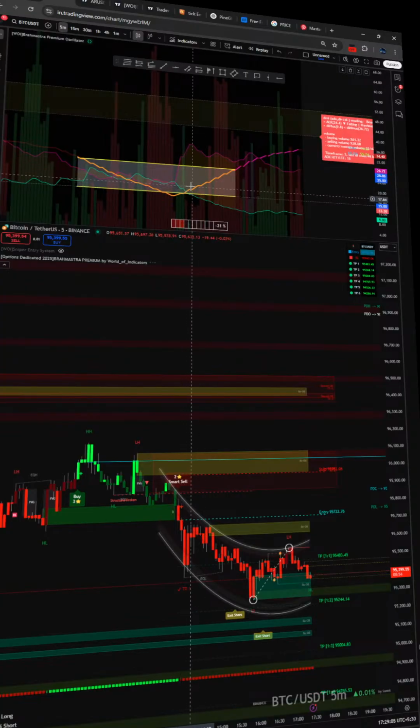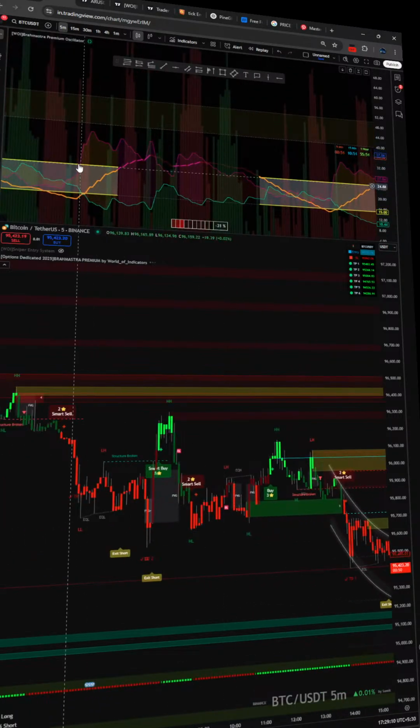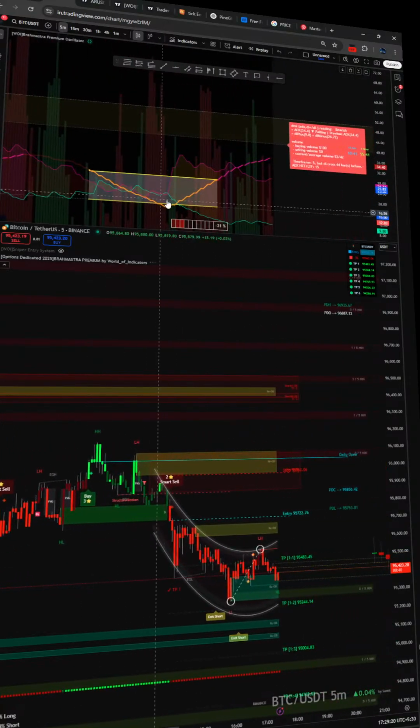Okay, means the trend strength is very strong. Okay, ADX is decreasing, market goes to sideways. This bull power goes strong here, and ADX is increasing.